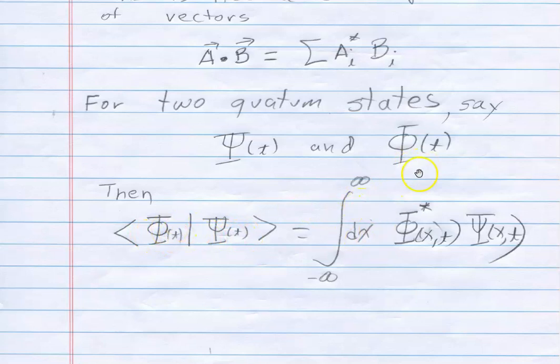I simply take the complex conjugate of this one, psi star. Remember, x is labeling the components and t is the time dependence. And multiply that times the corresponding component, psi of x and t, and then sum that over all the components like you do in the case of the usual dot product.